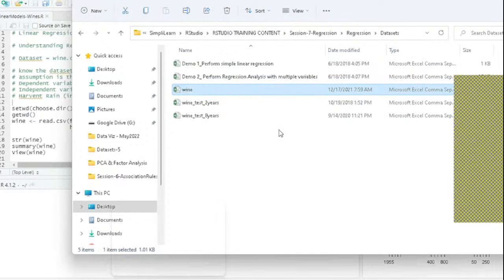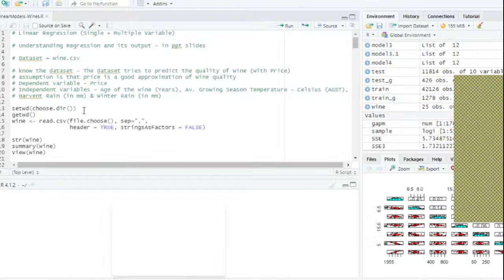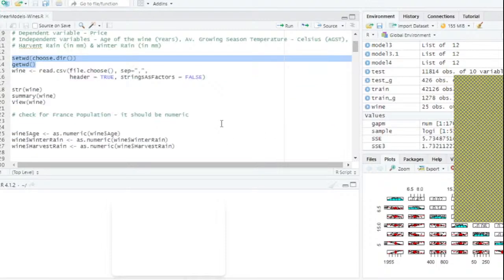Wine. Can you see this wine? So you have to import this wine data set. Line number 15 and 16 is good enough. Need not set the working directory. Line number 15 and 16.